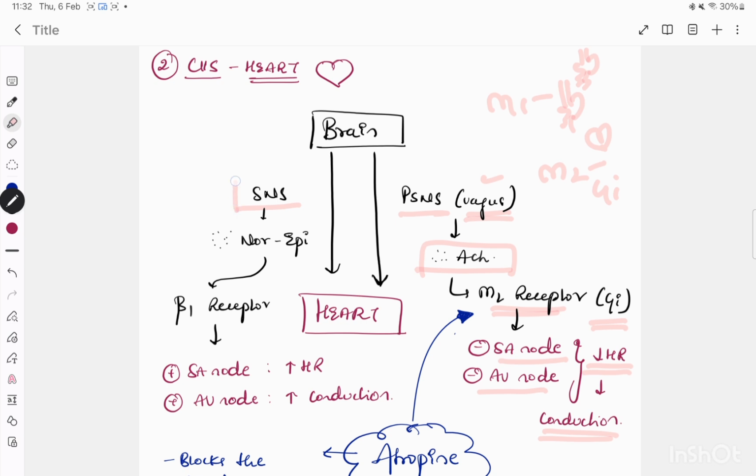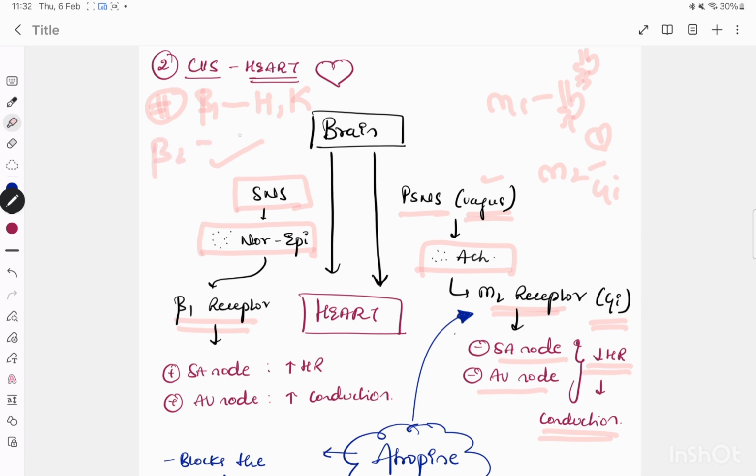Now in the sympathetic nervous system, if it gets stimulated, what is going to happen? This will release norepinephrine. This norepinephrine acts on the beta 1 receptor. Why beta 1 receptor? Recall, I have already taught you where the adrenergic receptors were present. Beta 1 receptor was present at two places, the heart as well as the kidney.